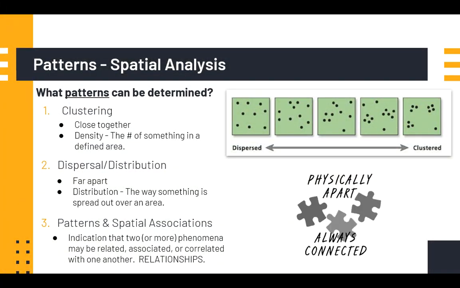Now, I do want you to be familiar with the terms clustering and dispersal. Because if I show you a dot density map, and I will, clustering simply means that the dots are closer together. Okay, so if it's people, then that means that the location is a city if they are clustered.